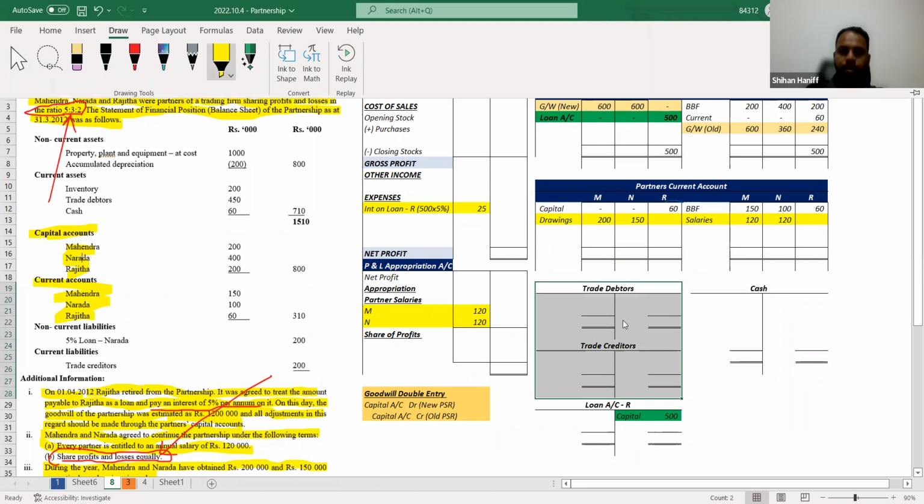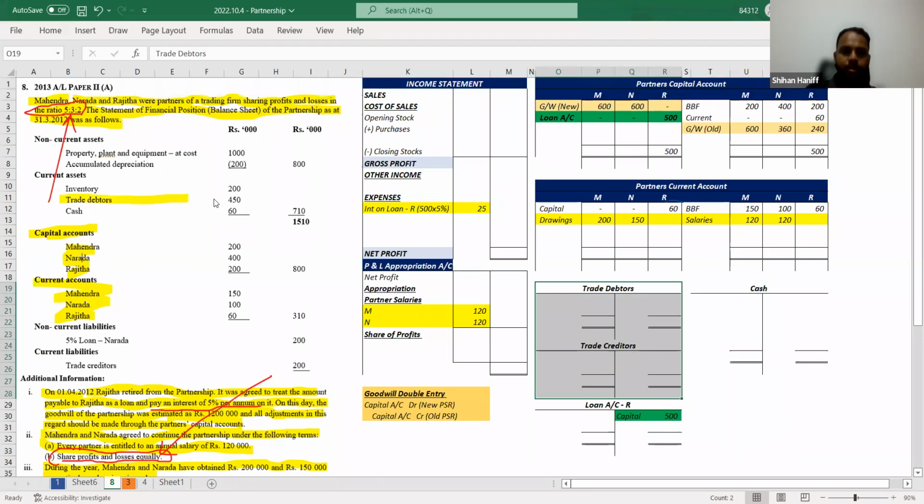Okay, so first I will prepare the trade debtors account. Trade debtors opening balance is 450. Balance brought forward, 450.